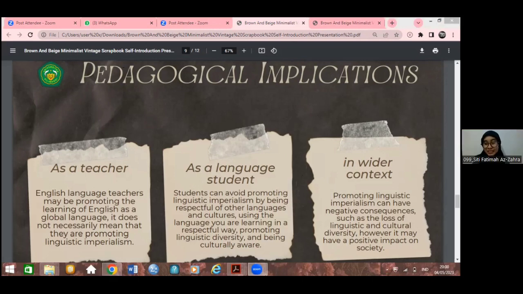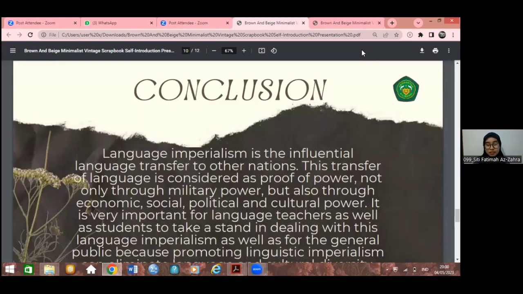Thank you, Syahdina, for the nice presentation, nice explanation. Now we move to the conclusion of this topic. Language imperialism is the influential language transfer to other nations. This transfer of language is considered as a proof of power, not only through military power, but also through economic, social, political, and cultural power.